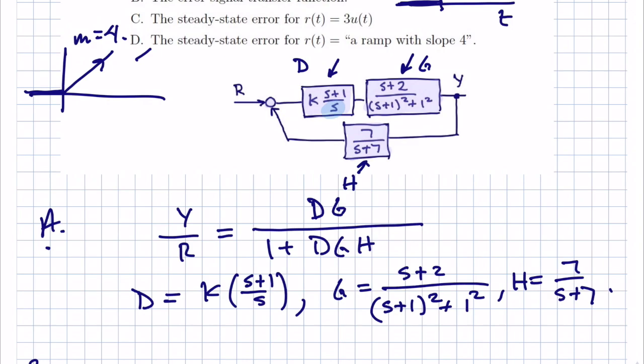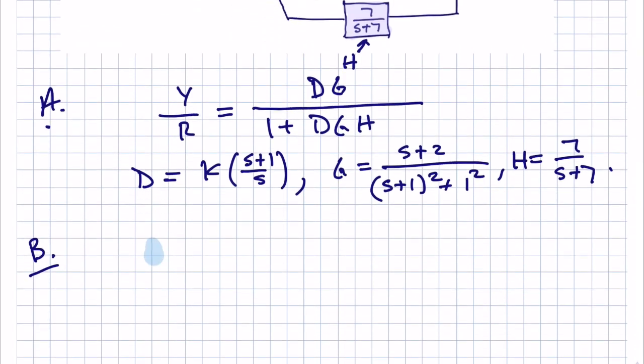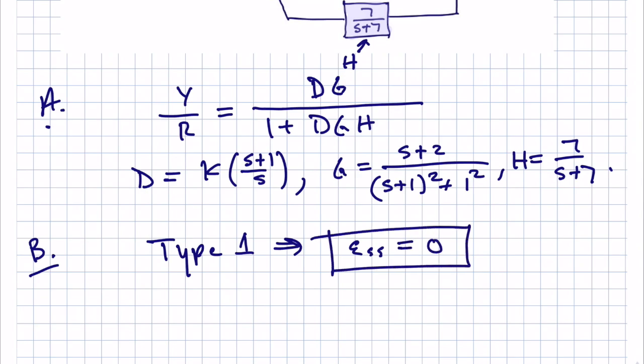And if I see in the open loop I have a pole at the origin, then I know that's a type 1 system, and type 1 systems track step responses. Even if you scale it by 3, it tracks step responses with 0 error. So what I would expect you to do on the exam is type 1, which implies the steady state error is 0.